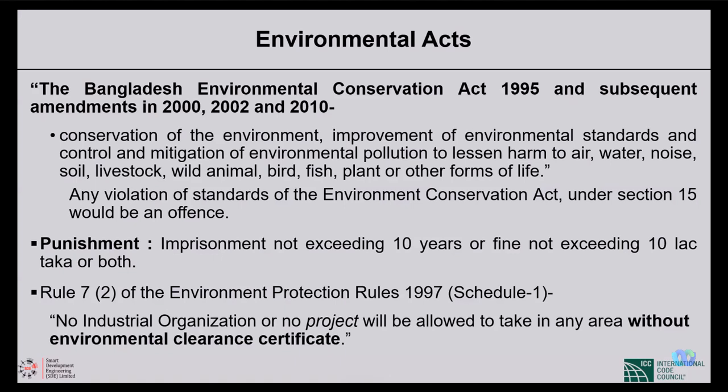That is Rule 7 of the Environmental Protection Rules 1997, Schedule 1, which tells us that no industrial organization or project will be allowed to start in any area without an environmental clearance certificate. It is not just industrial organizations, but also other projects, even a simple two-storied residential building.